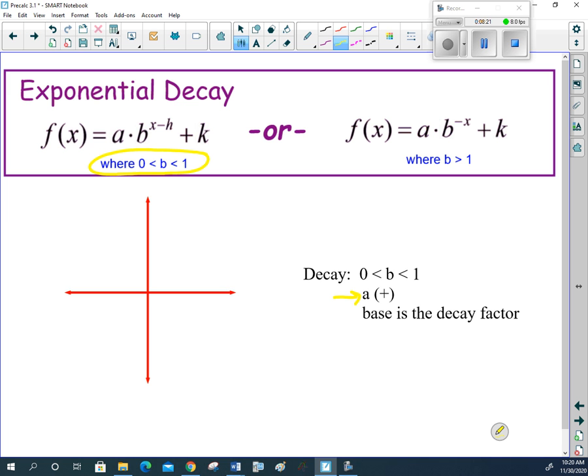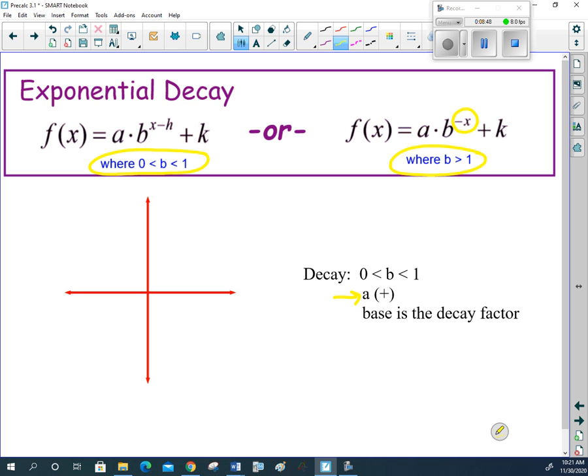Or another way that you could write that is, over here on the right, if your x value is negative in the exponent spot, like negative x plus 3 or negative x minus 5, it doesn't matter. If that x is negative, then if your b happens to be greater than 1 in that scenario, it will also be a decay.